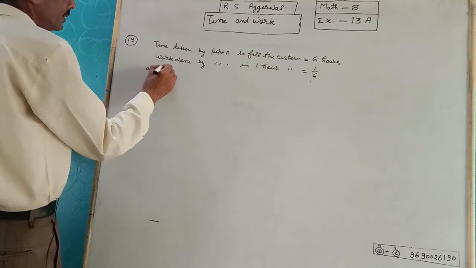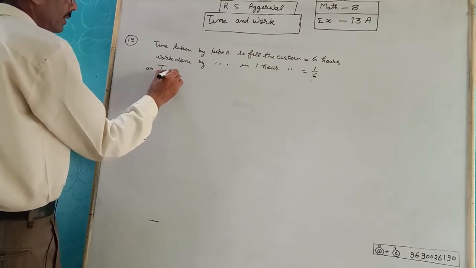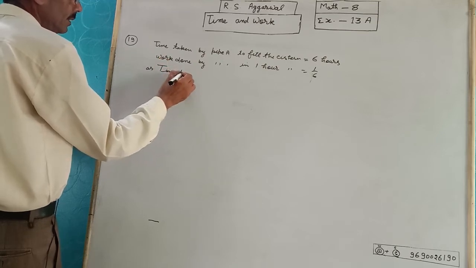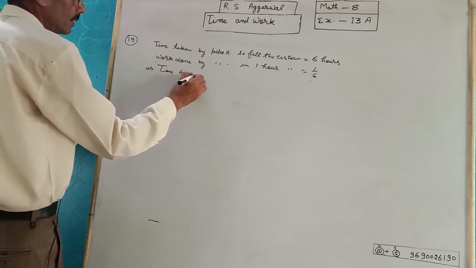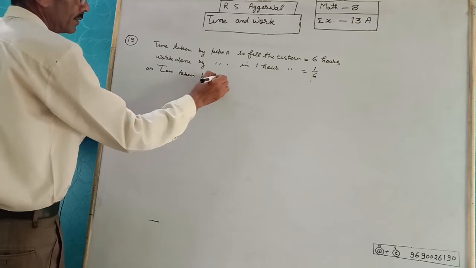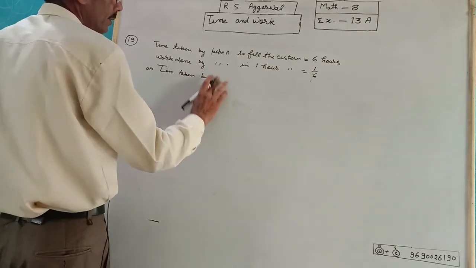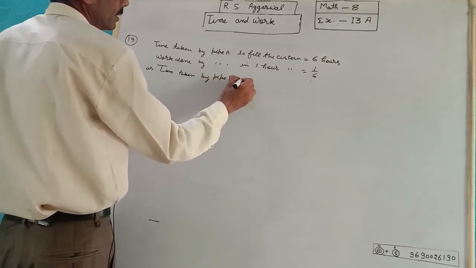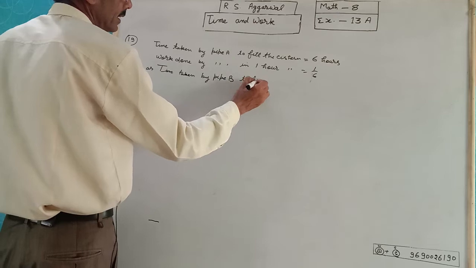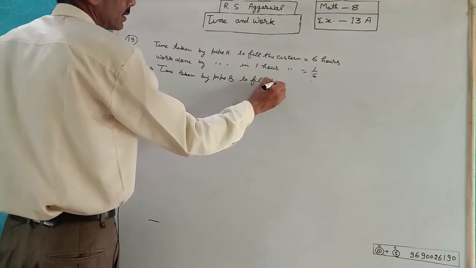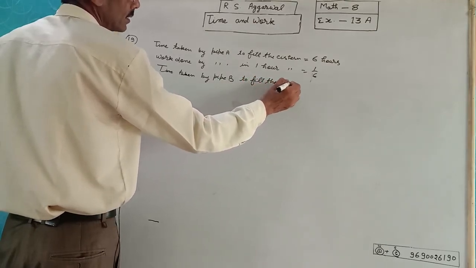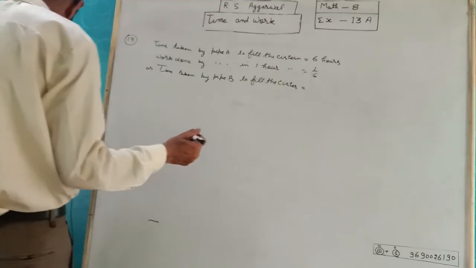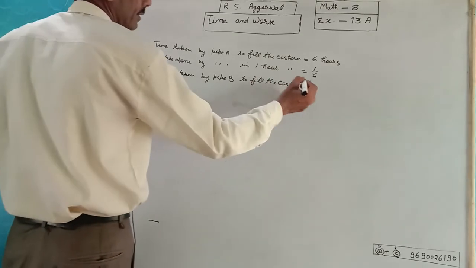As for B, the time taken by pipe B to fill the cistern is equal to 8 hours.